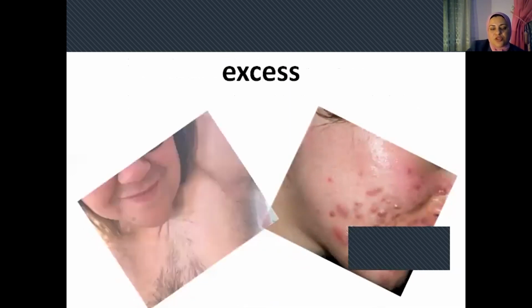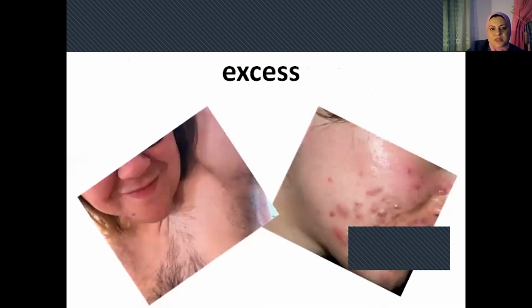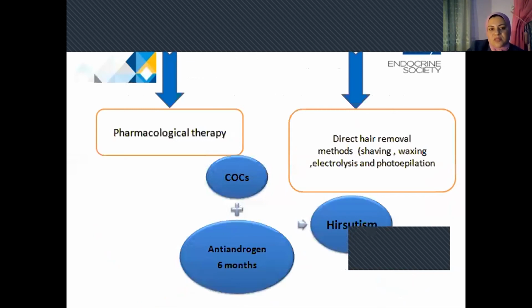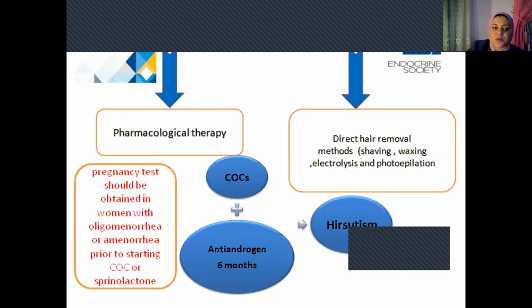Management of androgen excess, like acne and hirsutism, includes pharmacological therapy and direct hair removal methods like shaving and waxing. Oral contraceptive pills and anti-androgens for 6 months treat hirsutism, but pregnancy should be excluded first before starting the oral contraceptives and spironolactone.